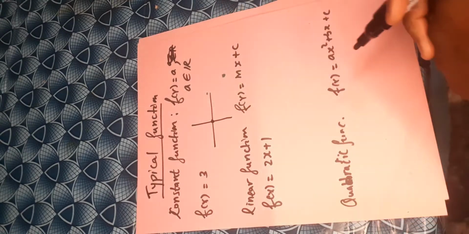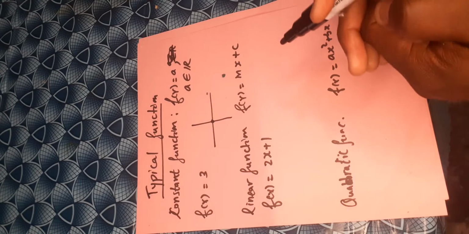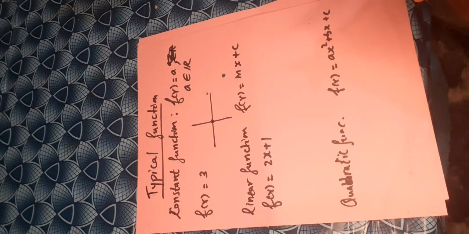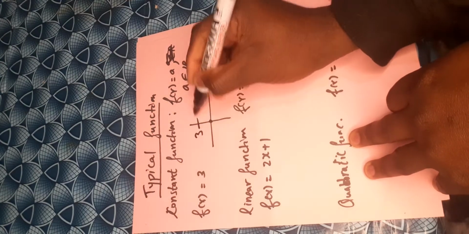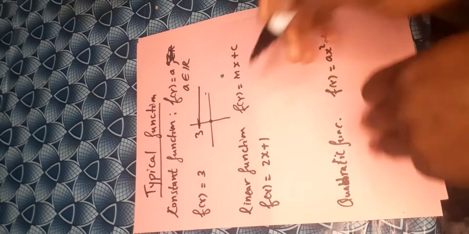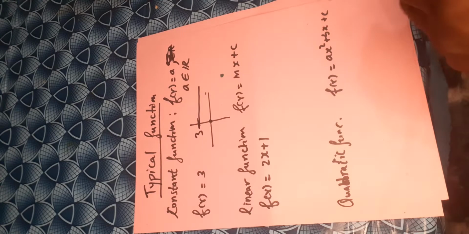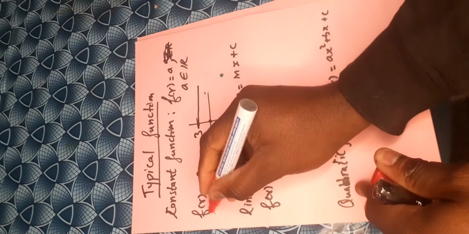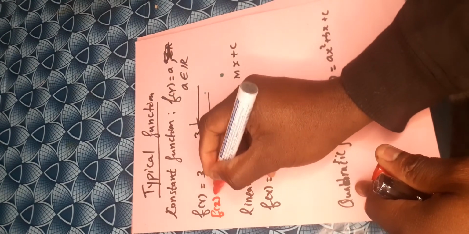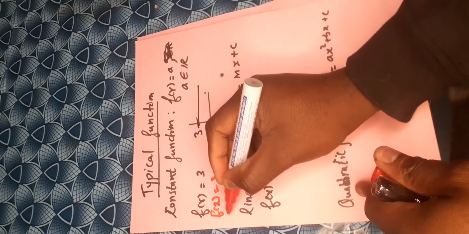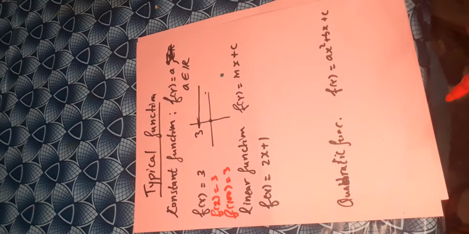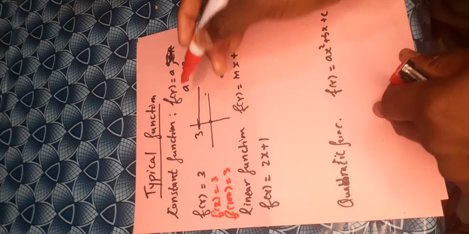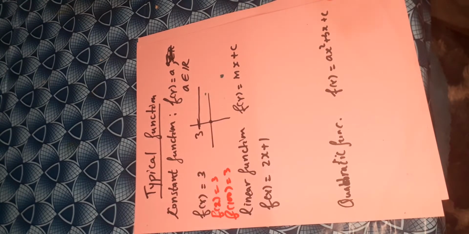No matter the value of x, your function will always be at 3, for example. How do I know that? If they ask you to find f of 2, it's still going to give you 3. Find f of 100, it's still going to give you 3. So it's going to be a straight line, a horizontal straight line.